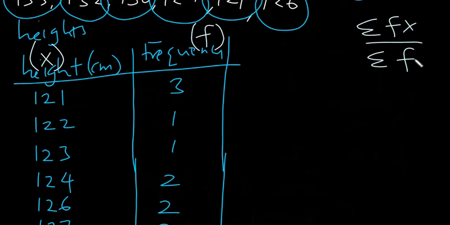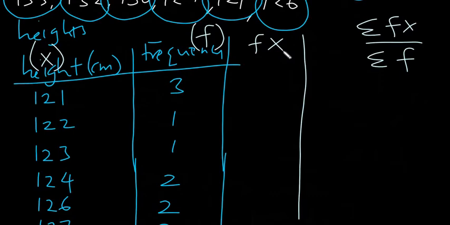In this case, it's about children, so we divide by the total number of children, which is the same thing as the summation of the frequency. So we need another column that we're going to call fx, that is frequency times x.